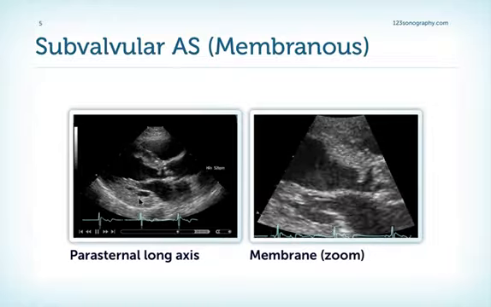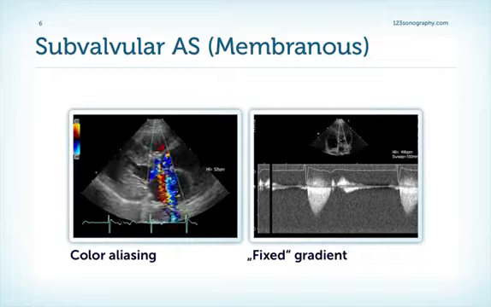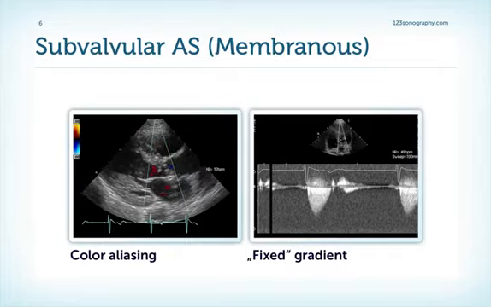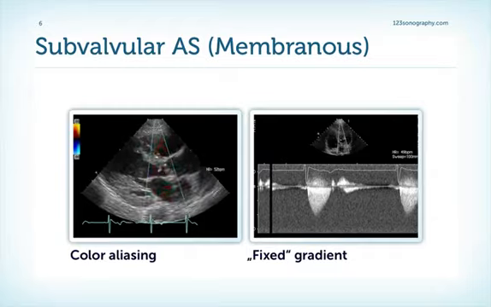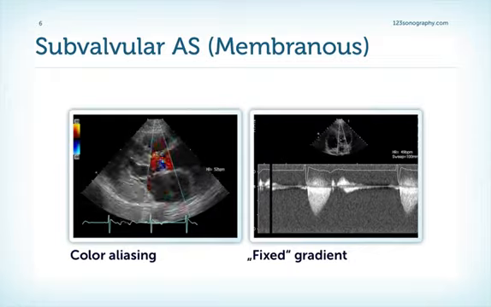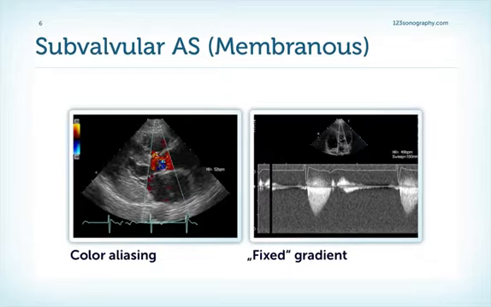to the increased afterload. Here again on the left side in the parasternal long axis view, you can see the color aliasing caused by the turbulences of the membrane and the stenosis, and on the right side in Doppler we can appreciate the fixed gradient caused by the membranous stenosis.